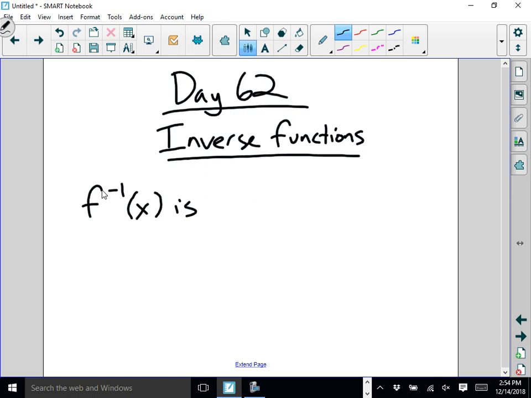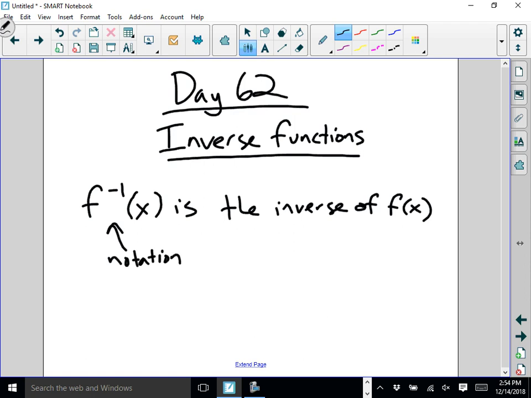So f to the -1 of x, that weird symbol there, is the inverse of f of x. What we know about inverse functions as well, this is the notation here. That's the notation for inverse.